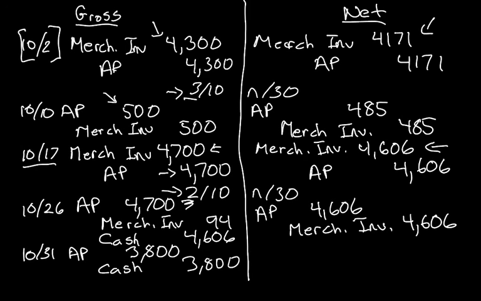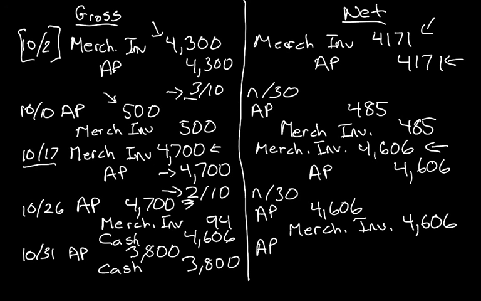Now, the difference is going to be on the net side. Remember, you took the discount. See here? So, due to the fact that you paid too late for the discount, now you have to make an adjustment for that discount.